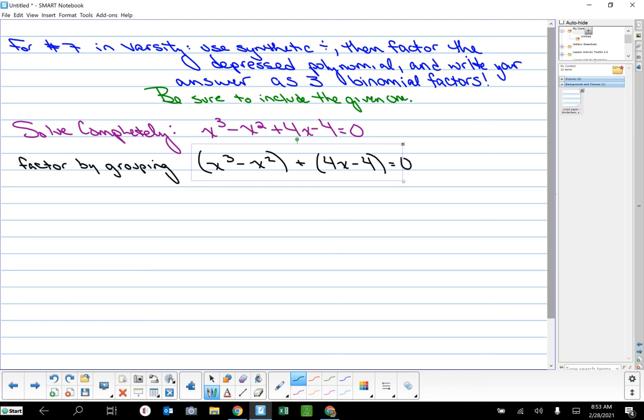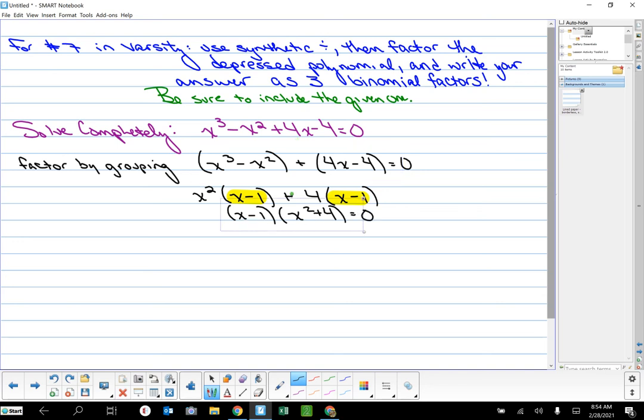Remember, when you factor by grouping, you set up 2 groups of binomials, and then you factor out the GCF of each quantity. And then you have a common quantity, right? There's my common quantity. And then you have x minus 1 times x squared plus 4 equals 0.